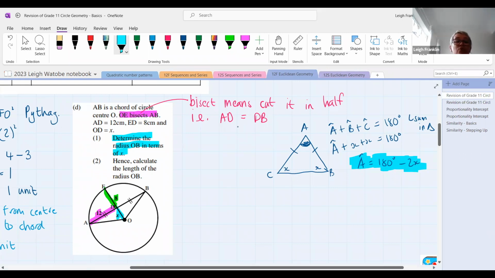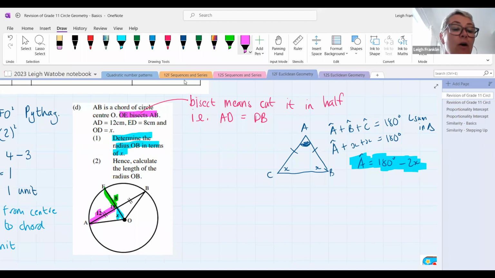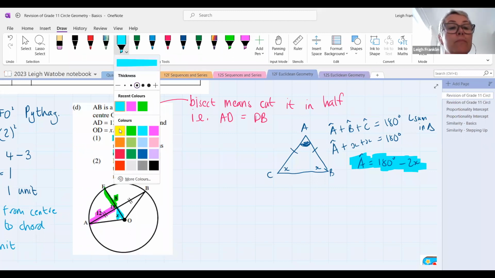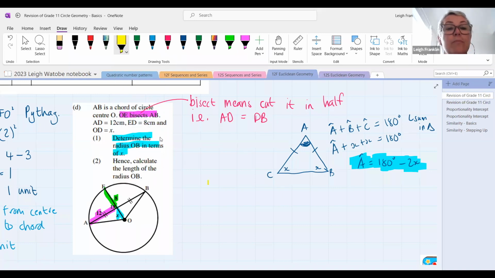They want me to write down the length of OB in terms of X. Now, what do we know about all radii? Let's have a look what you guys are saying.